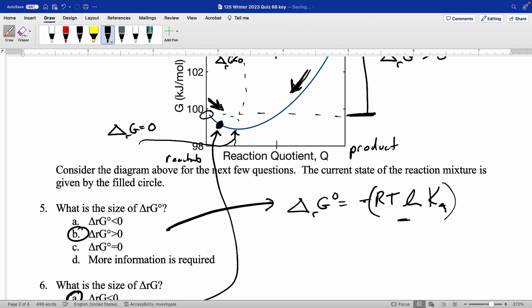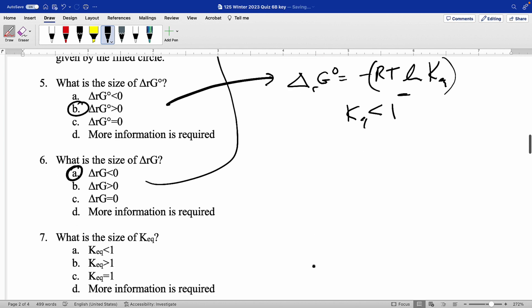Because then a negative times a negative will give you a positive. So it must be that that's a positive number, negative number, and the only way to get a negative number is if K is going to be less than 1. So if K is less than 1, we plug it into a logarithm, we get a negative number, negative times a negative gives a positive. Okay, so we know K has to be less than 1.